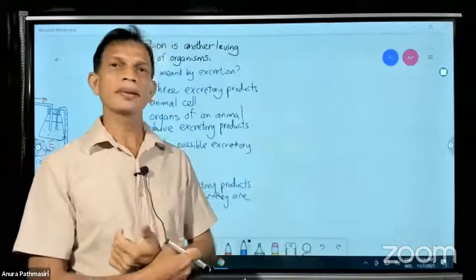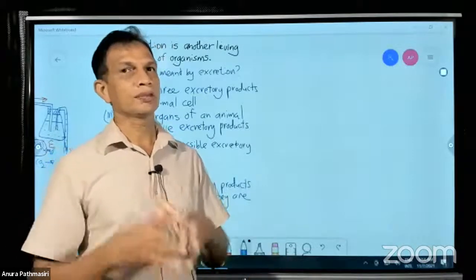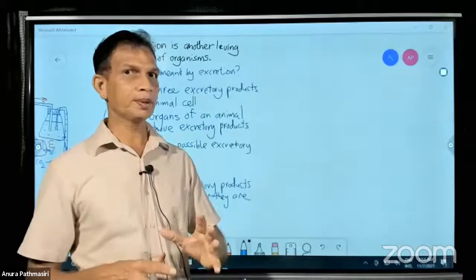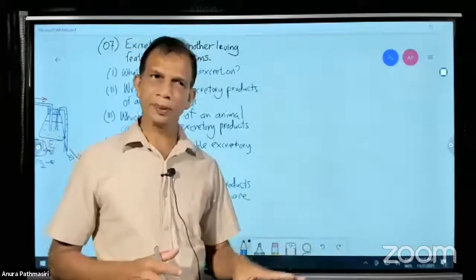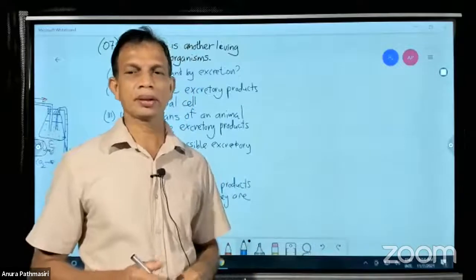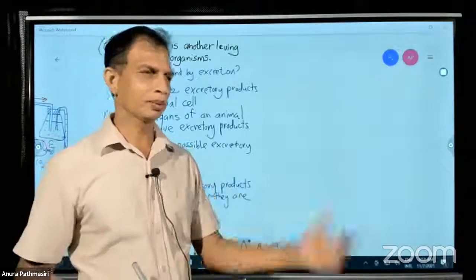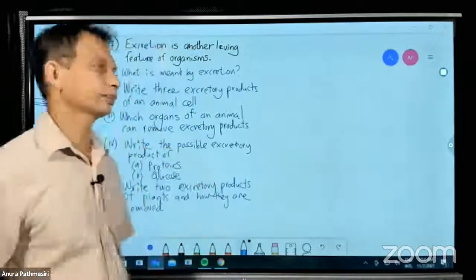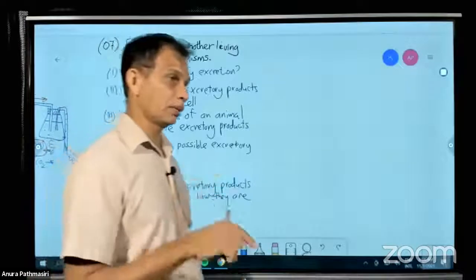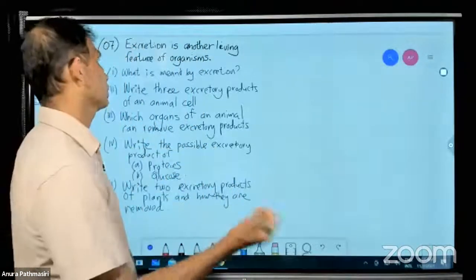So bile is an excretory product. So fecal matter is not 100% non-excretory. A little amount of bile is available, which is an excretory product.